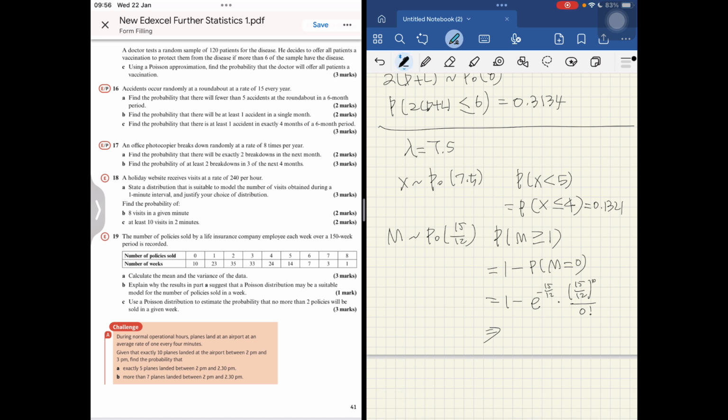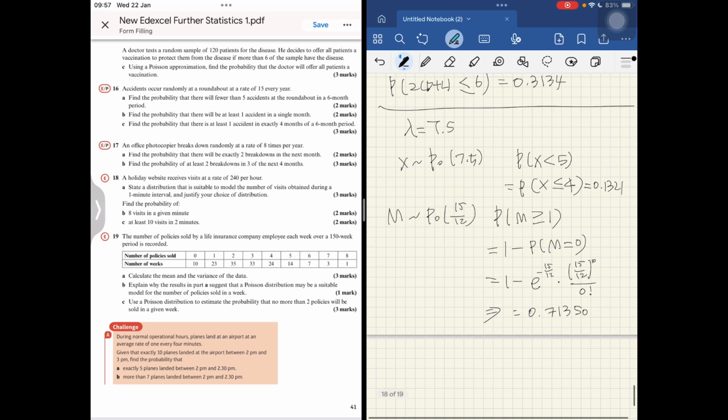And part C. Find the probability that there is at least one accident in exactly 4 months of a 6 month period. Okay, so now this is binomial. We have 6 months, so I need to calculate 1 minus e to the power of negative 15 over 12, which is 0.71350. Let's keep more decimals.